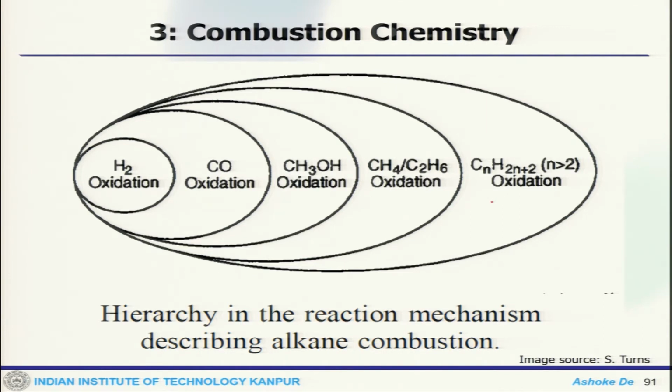So, this is your fuel, the higher order hydrocarbon CnH2n+2, that is first oxidized, then you get CH4 and C2H6. That means it breaks down to lower order hydrocarbons and you get more olefins, and then the olefins produce other radicals and those radicals oxidize, and then finally you get CO oxidation and at the core you get H2 oxidation.